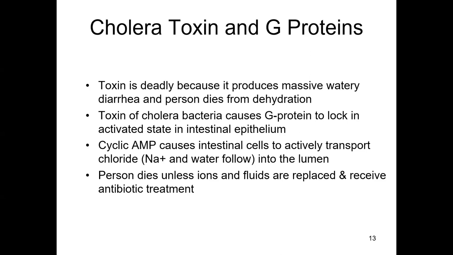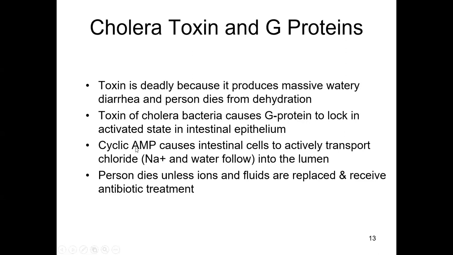In the case of cholera infection in the body, a toxin, which is a metabolic waste product usually of the bacterium, is going to interact with the G protein in the intestinal epithelium and lock it into the activated state. So the cholera toxin will mimic this intestinal hormone.